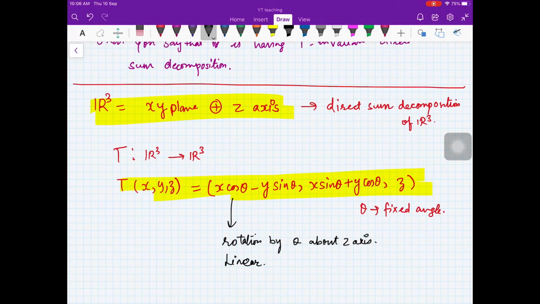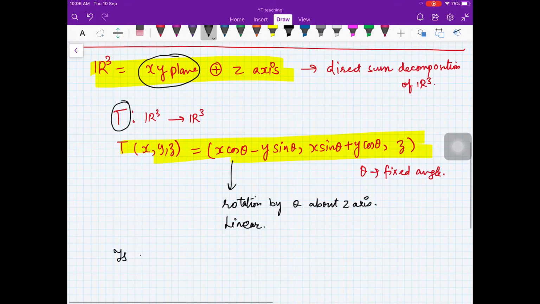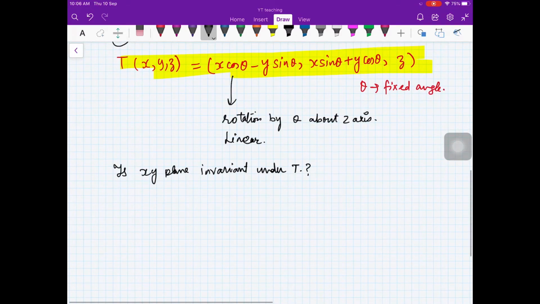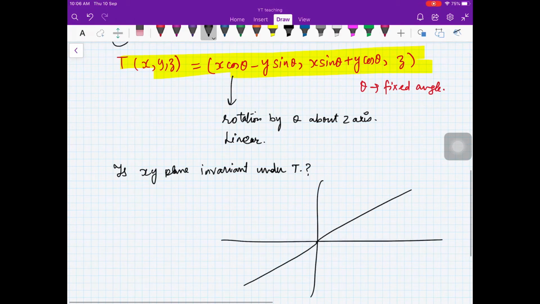Now you see, is the xy plane invariant under T? We have already proved this in some video, but you can see what is happening. Here is your x-axis, here is your y-axis, here is your z-axis. If you take a vector in the xy plane and you rotate it by an angle theta about the z-axis, you will still be in the xy plane. You will not come out of the xy plane. Let me take an example.